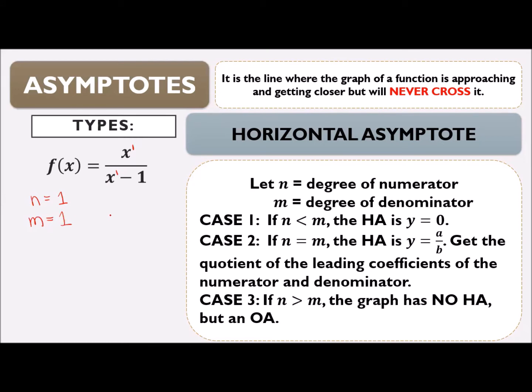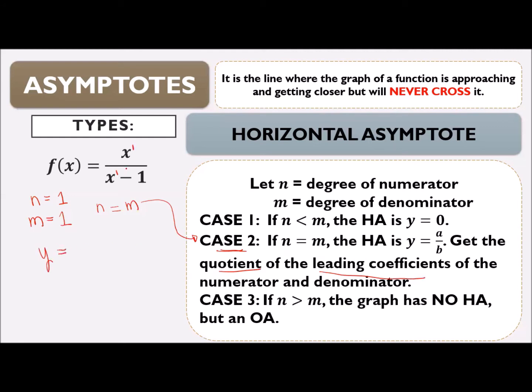Okay? With that, tingnan natin anong relationship ng n and m. Is that greater than, less than, or equal to? Very good. Parehas lang naman sila. So, n is equal to m. So, ibig sabihin, pasok tayo sa case 2. Ang gagamitin nating process, yung case 2. Ano daw ang sabi? Kunin ang quotient ng leading coefficients. So, tinuro ko na yung kaninang leading coefficient.